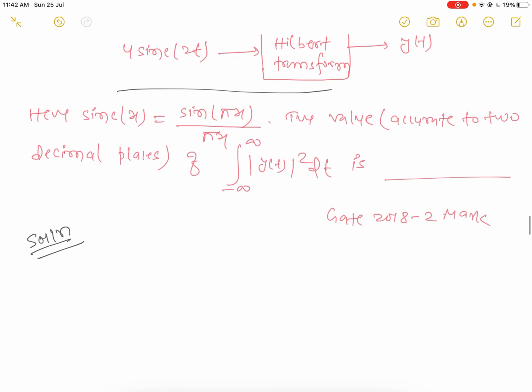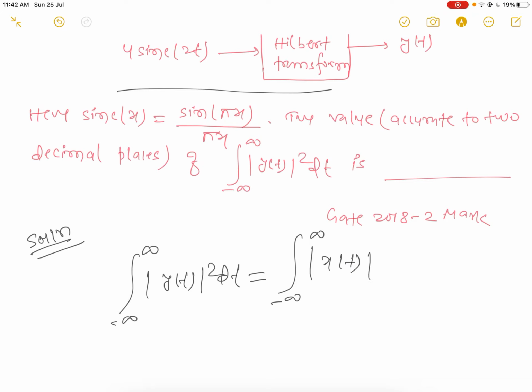Now the solution: the integral from minus infinity to infinity of |y(t)| squared dt is equal to the integral of |x(t)| squared dt.